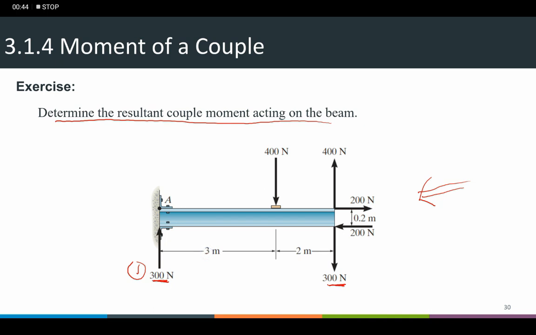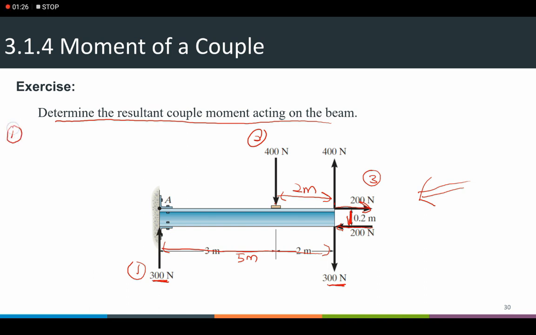Distance 3 plus 2 becomes 5 meter. Second, 400 Newton downward and 400 Newton upward. Distance is 2 meter. And third, 200 Newton to the right and 200 Newton to the left. Distance 0.2 meter. How to solve this problem?